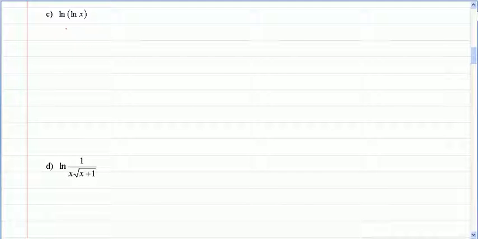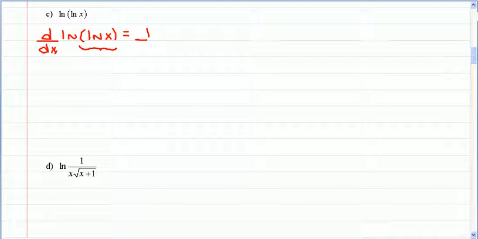For part C, the ln of x, all squared. So d dx of the ln of x squared. So I start by taking the derivative of 1 over what is inside the parentheses.